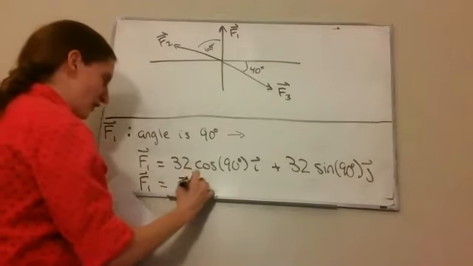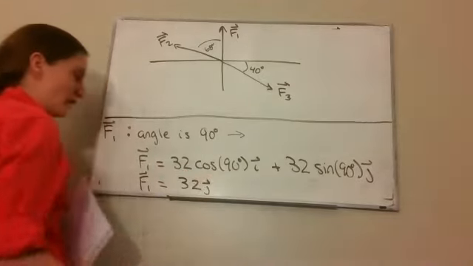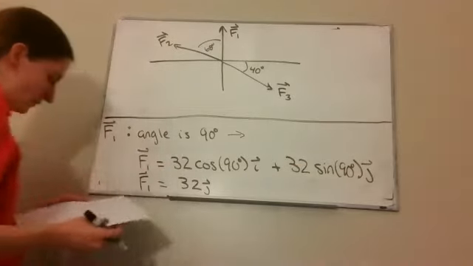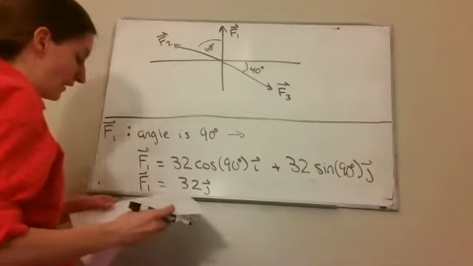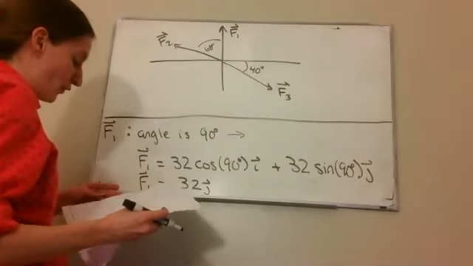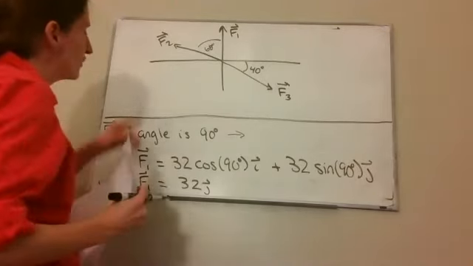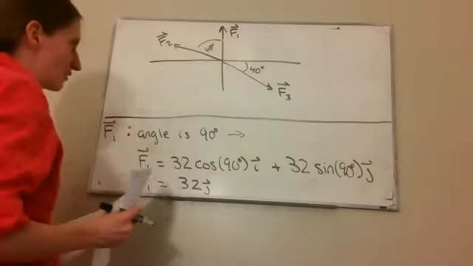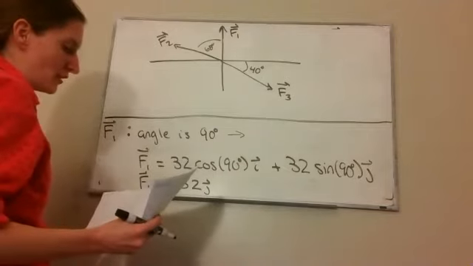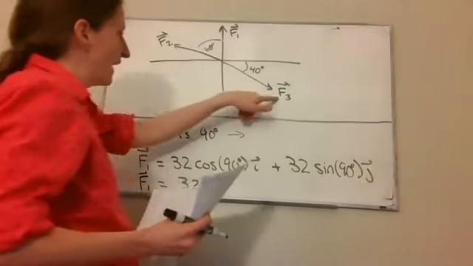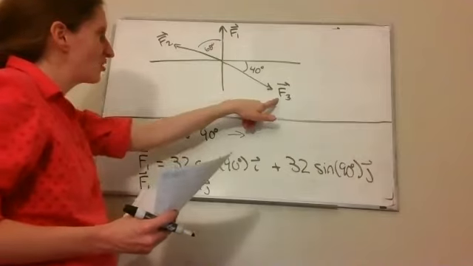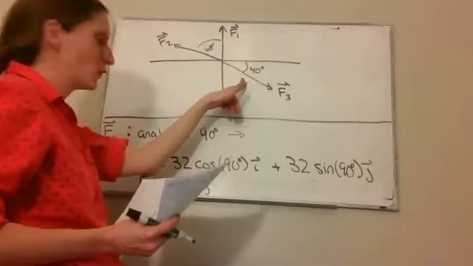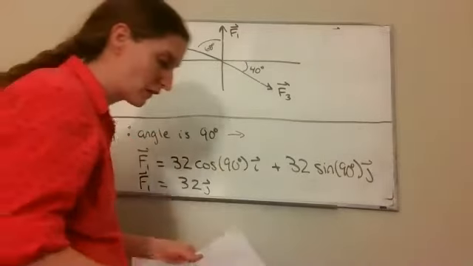F1 is equal to just 32j because cosine of 90 is 0 and sine of 90 is 1. I'm going to do the same things for F2 and F3. Notice that for F2, the angle that I want is actually 90 degrees plus 68 degrees, so it's 158 degrees. And for F3, I'm going almost all the way around. It's 360 minus 40 degrees, so 320 degrees for that angle.